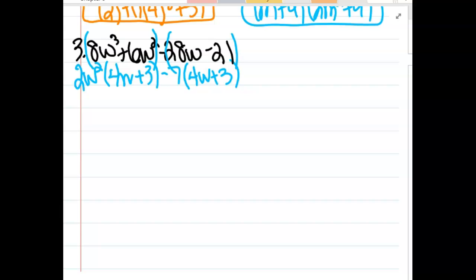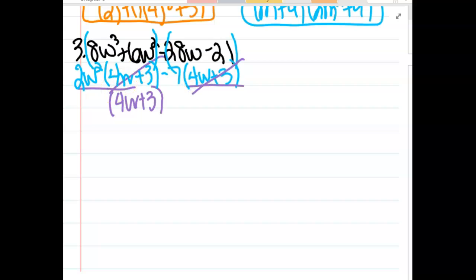Here's what you need to take from this. Anytime you drop down a minus sign, I guarantee it 100% of the time you're going to be changing that sign, because when you distribute that negative number, it's going to change that sign. Okay? Now, once you change the sign, you can see that they do have that 4w plus 3 in common.